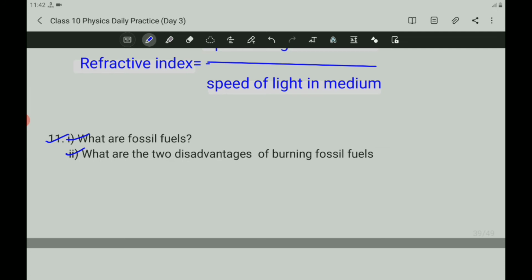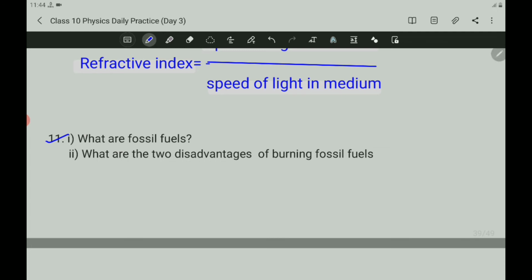This phenomenon happened due to slow changes in earth processes. So here is what you have to write as the answer for this question. What are fossil fuels? Fuels which are found in nature due to the decomposition of animals and plants which have remained embedded inside the earth's crust due to geological changes over millions of years. That much is okay.